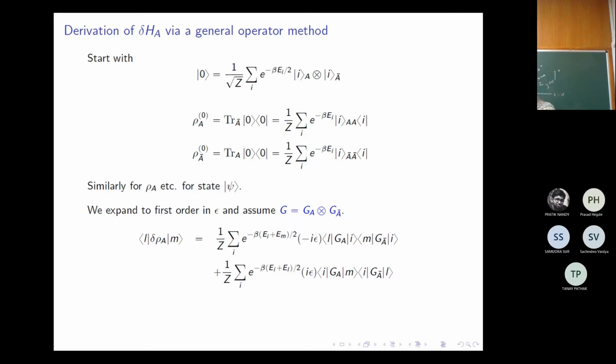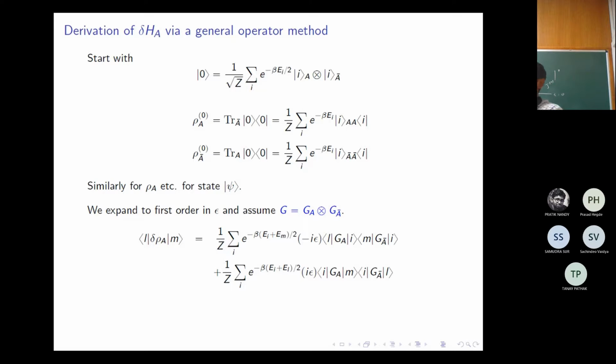So, and actually here I would take the perturbation G to be of the form GA tensor GA bar. The one that I took for GA plus GA bar is a special case of this, because you are considering anyway a perturbation to first order in epsilon. So if it holds for G being GA tensor GA bar, it also holds for a superposition of GA tensor GA bar.